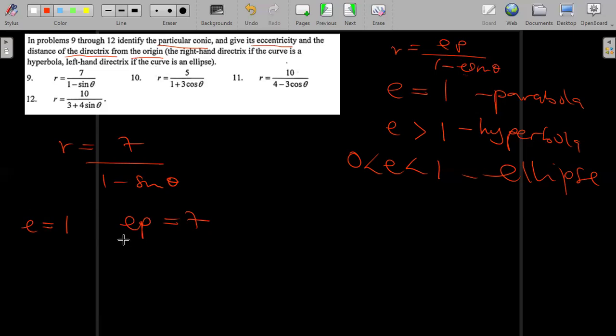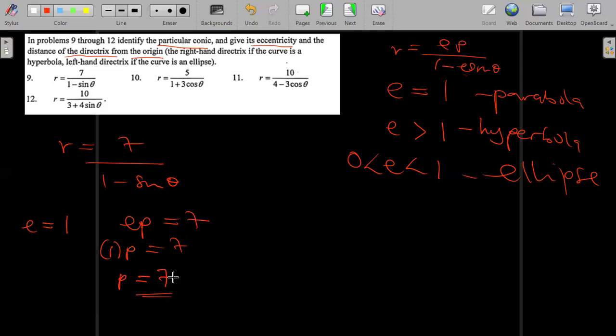So if EP is equal to 7, I can find my P value. If I replace E with 1 and have 7, I just get that my P is equal to 7. Now, does that really answer the question and what we are looking for?